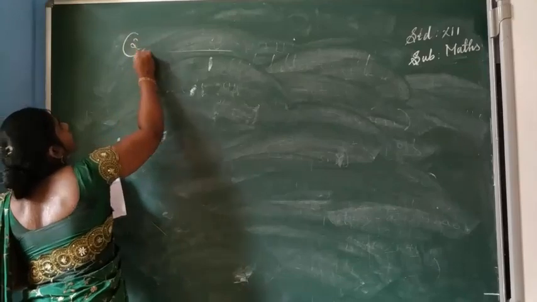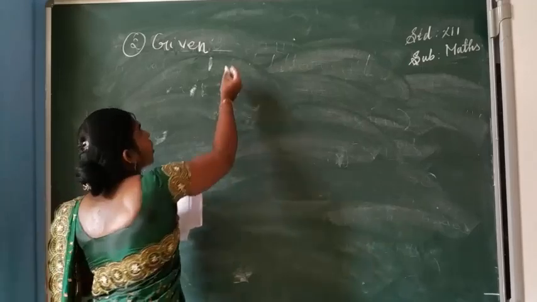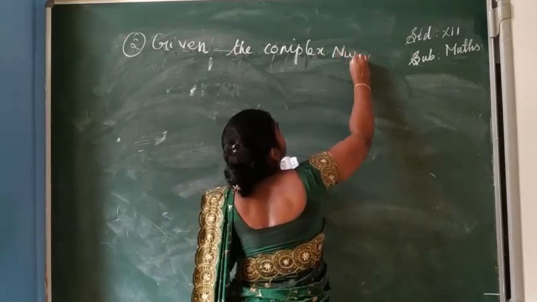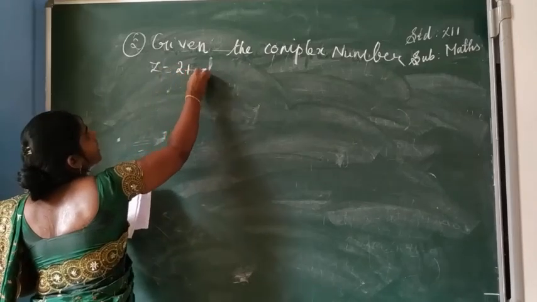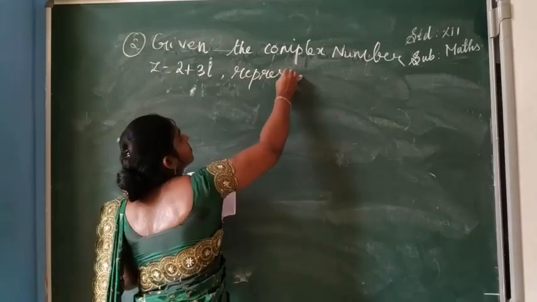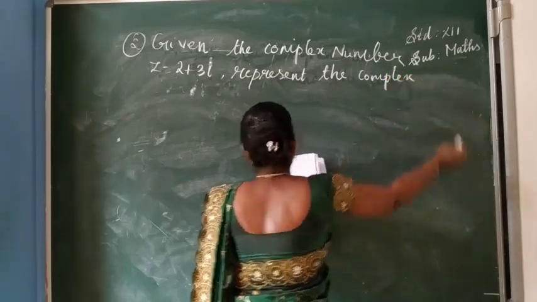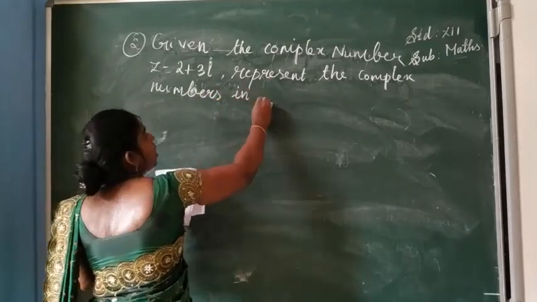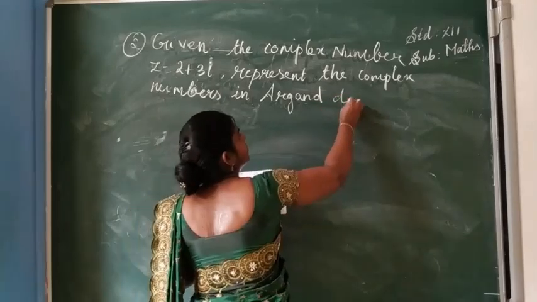Second question, given the complex number Z equal to 2 plus 3I, represents the complex numbers in Argand diagram.